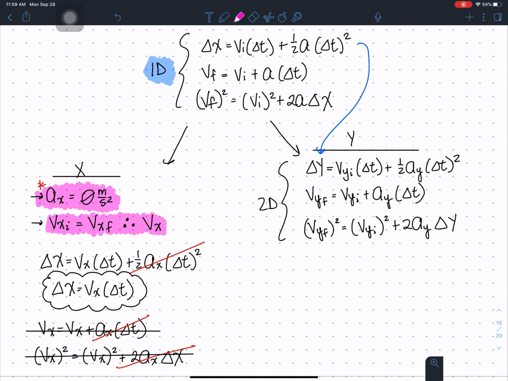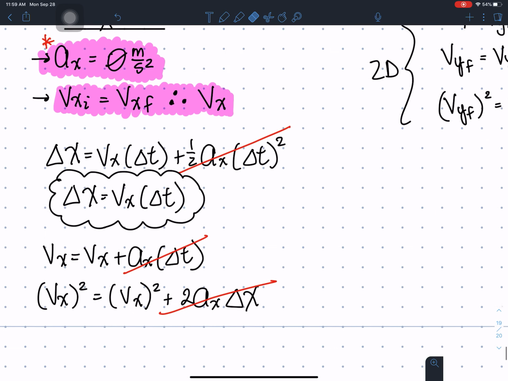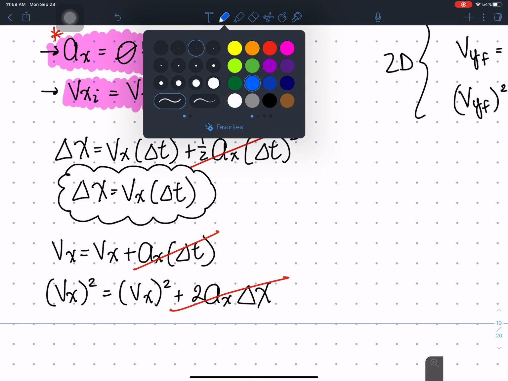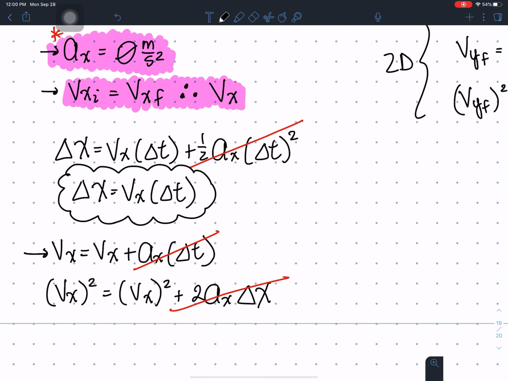Now in the second and third equations, because acceleration in the x is 0, we are left with equations that don't make sense once the acceleration term drops off. Here, we see we're left with Vx equals Vx, and that is not an equation that is particularly useful for us. In the third equation, we're left with Vx squared equals Vx squared.